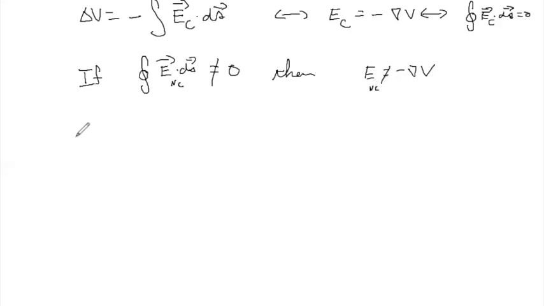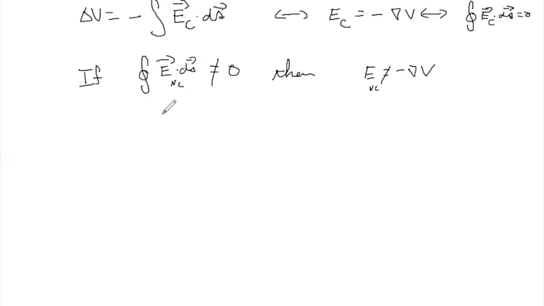It turns out, this is something called a Helmholtz decomposition, but it turns out you can split an arbitrary electric field. Oh, before I move on to that, what would such an electric field look like? Something where the line integral around some sort of a closed path is not 0.